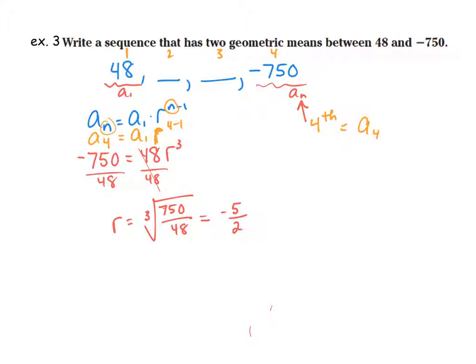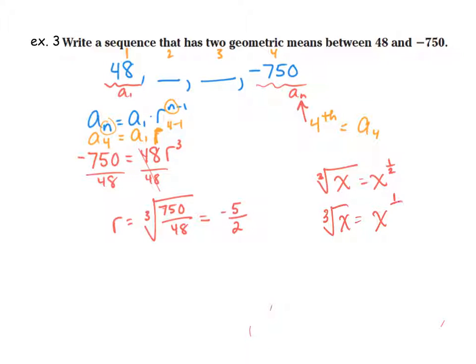I got negative 2.5. How do you do a cube root on this calculator? So a square root like this is the same thing as having a little 2 here, and so it's the same as saying x to the 1/2, if you remember any of this. So if you have a square root of something, and you're trying to do a cube root of something, what do you think it'll be?